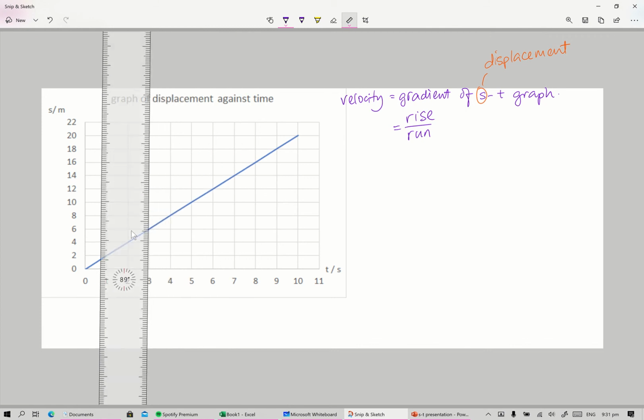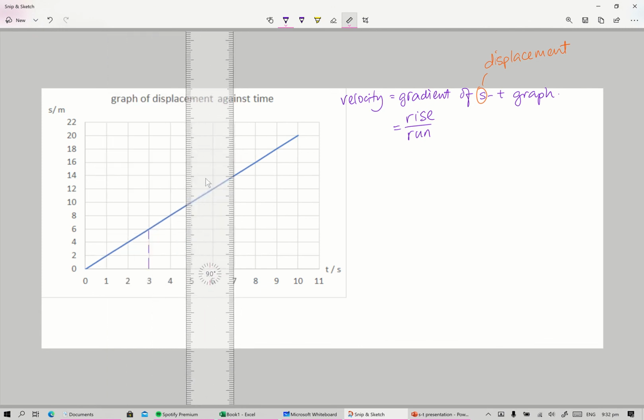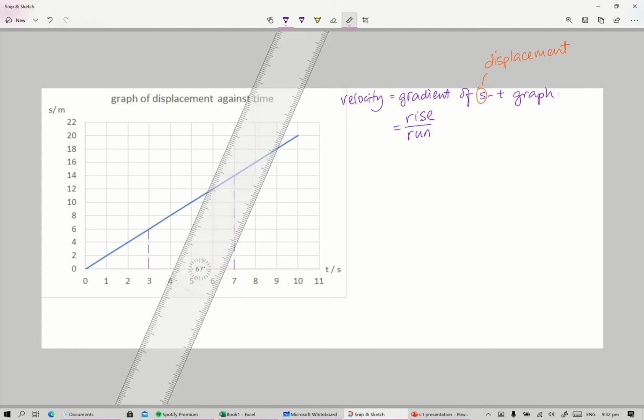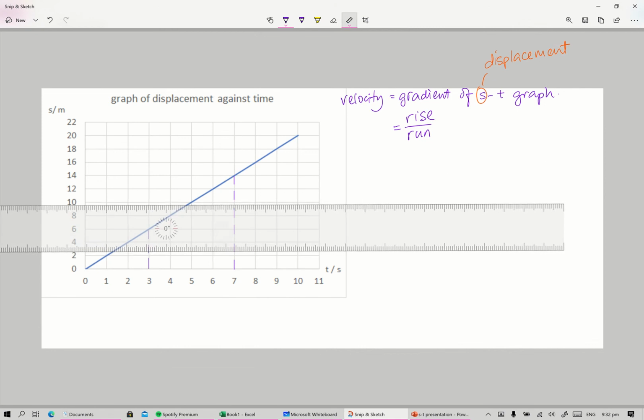Let's pick time equals 3, and time equals 7.